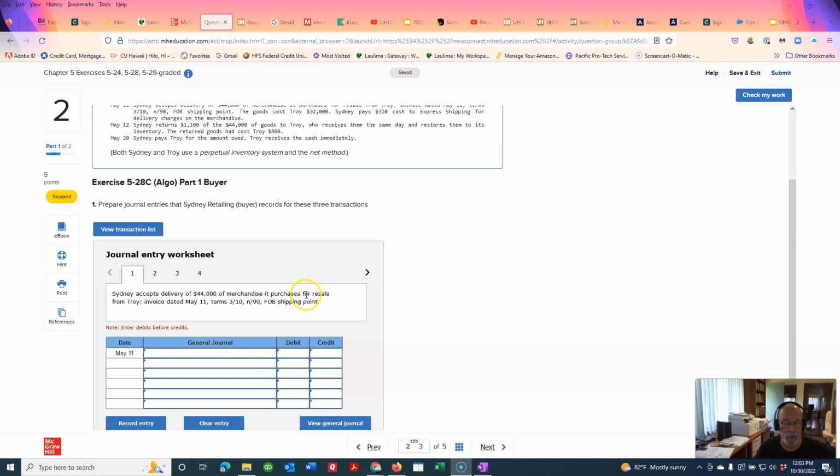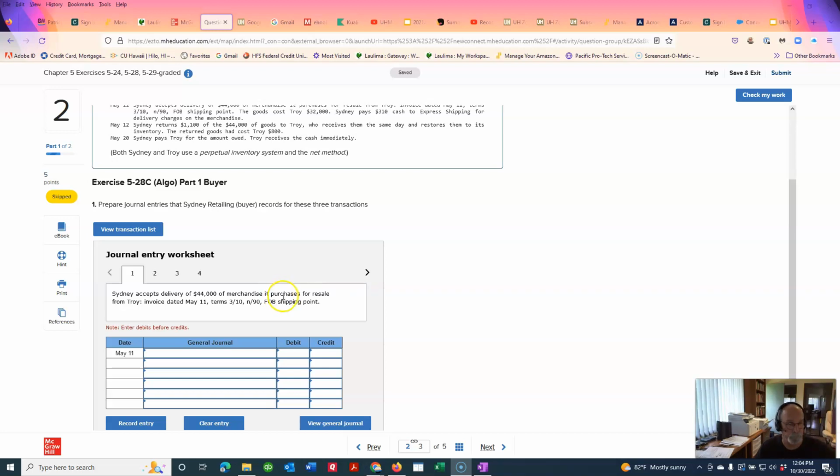So in that case, the buyer owns the goods in transit, and the buyer assumes the risk of loss for that merchandise in transit, which generally is going to mean that however the buyer is having the merchandise shipped to the buyer's place of business, they're going to have to ensure that there's adequate insurance in force to cover the risk of loss of that merchandise.